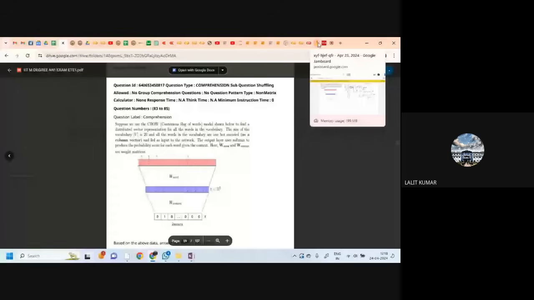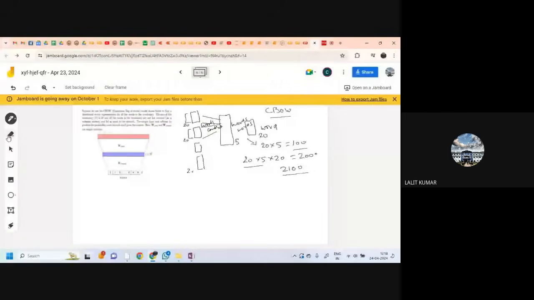Instead of this, if I use just one word, its dimension will be like 00100000, but here they are feeding all words, 11111, so this also becomes 20.